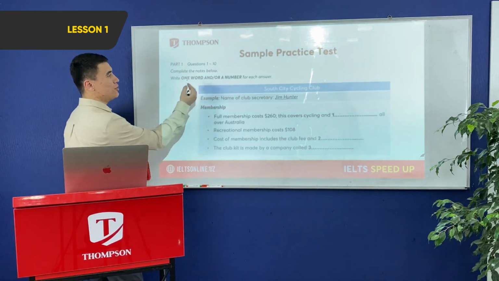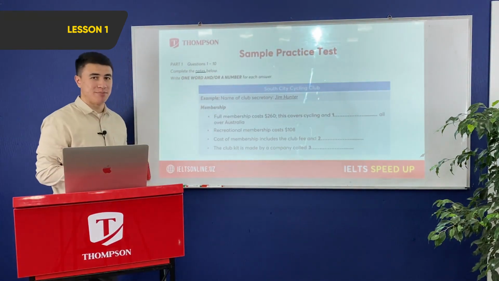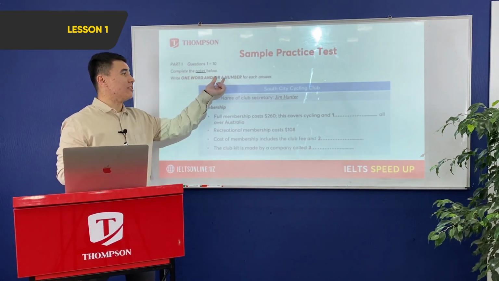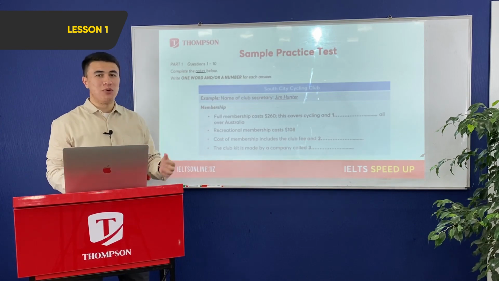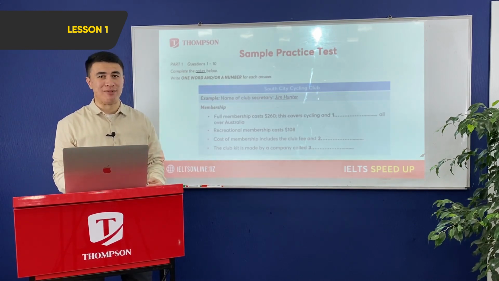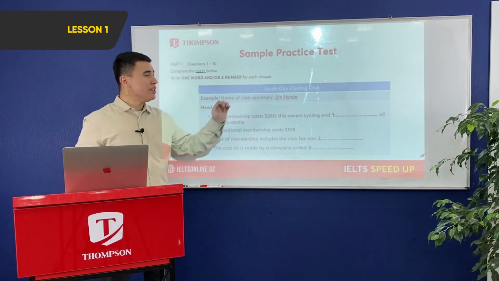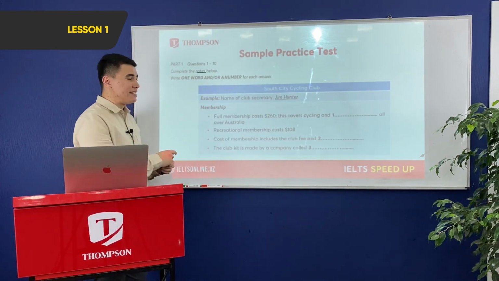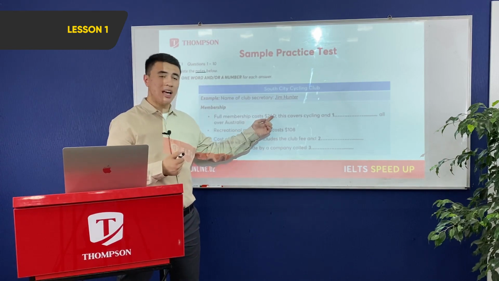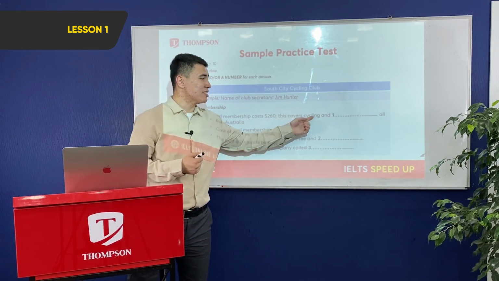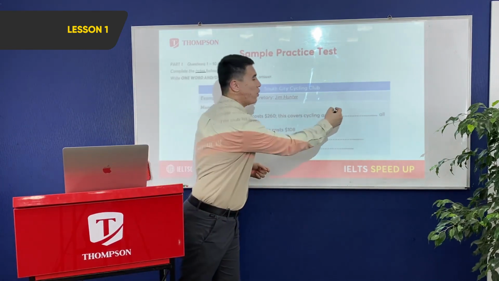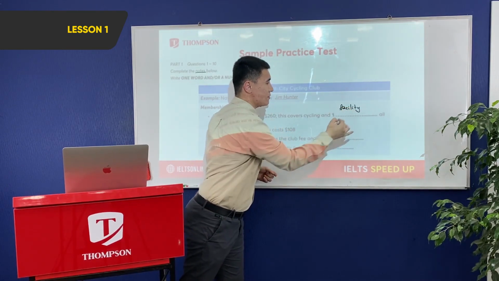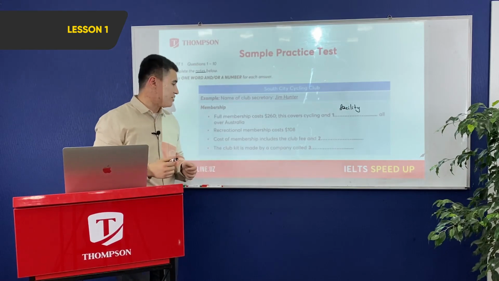So here you will have note completion, and as you can see we have one word and or a number, so we have the same word limits in this question. Moving to the note itself, here you can see full membership costs $260. This covers cycling and one more facility all over Australia.